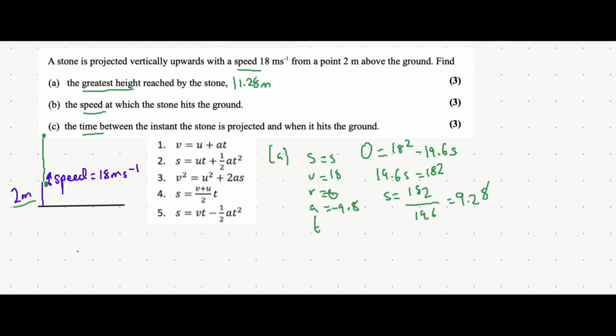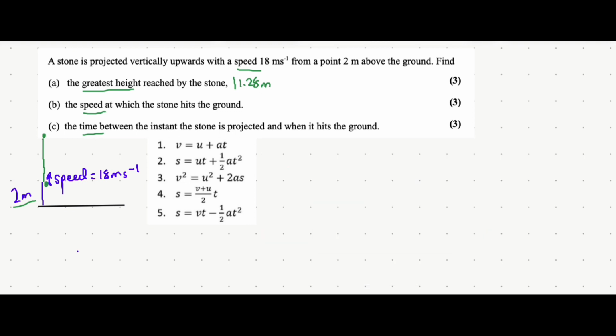Great. Let's move on to part B of this question. I'm just going to quickly rub some of this out because it's taking up too much space. What is asked for now is the speed at which the stone hits the ground. So now we have to use Suvat for the whole journey and not only a part of the journey. So from where it starts to when it reaches the ground, the overall displacement is minus 2 meters.